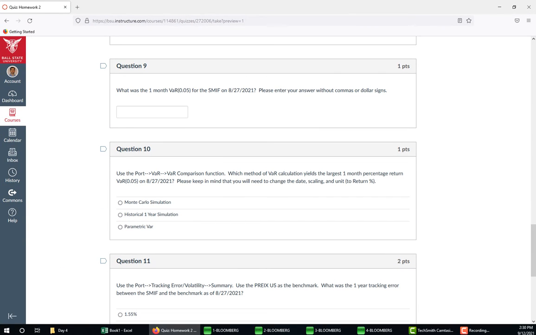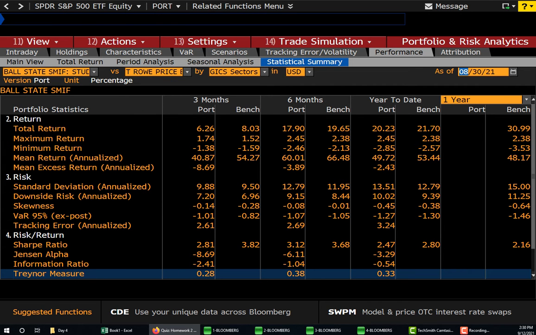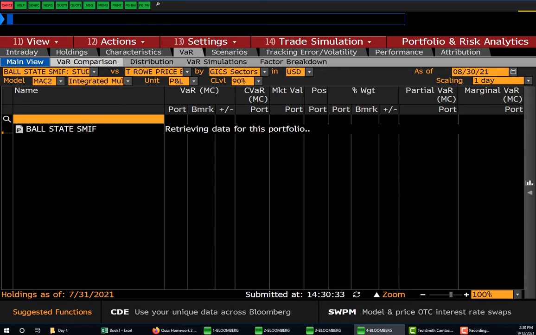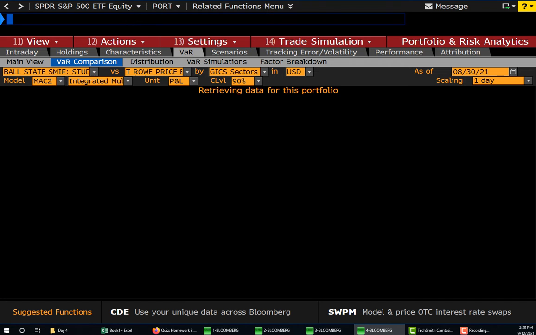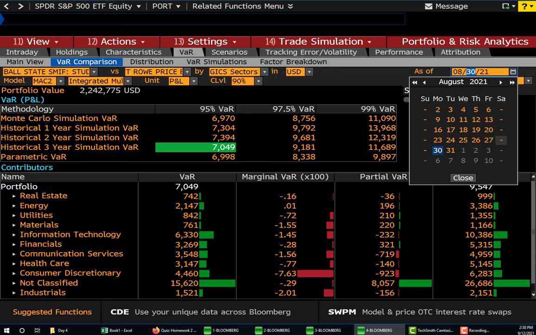Okay, next question. Use the VAR comparison function and determine which VAR calculation yielded the largest 1 month percentage return on 8/27/2021. So what I'll do is I'll click on VAR and go to VAR comparison. Unfortunately it's a little slow, but I also need to load it for the 27th.